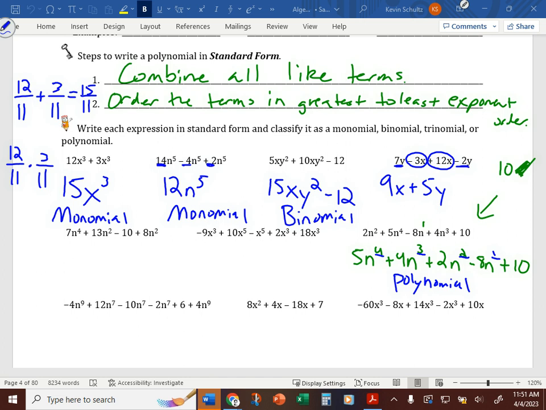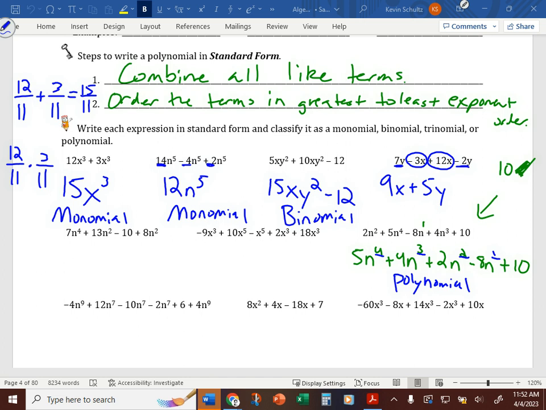So your first check is the powers, greatest to least order, like we did here, 4, 3, 2, 1, constant. If they're the same, then you go alphabetical. And there's one more caveat to that we'll get to on future pages.